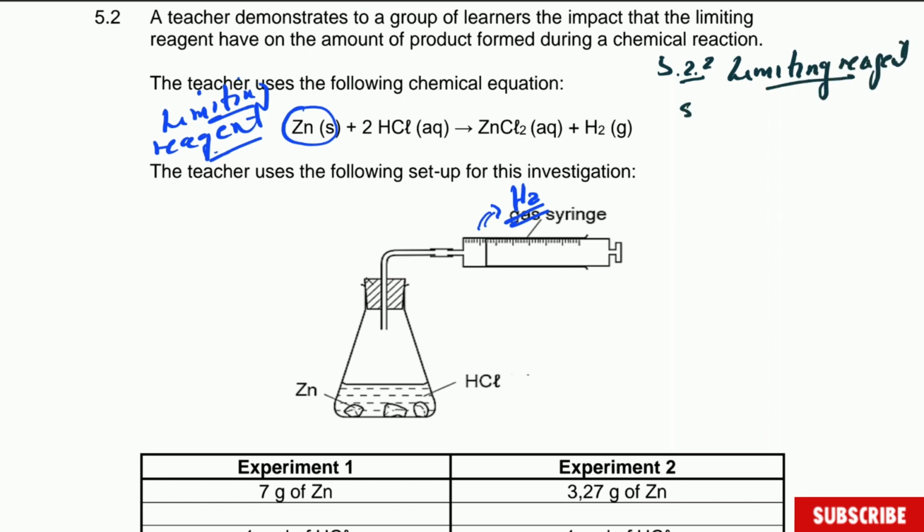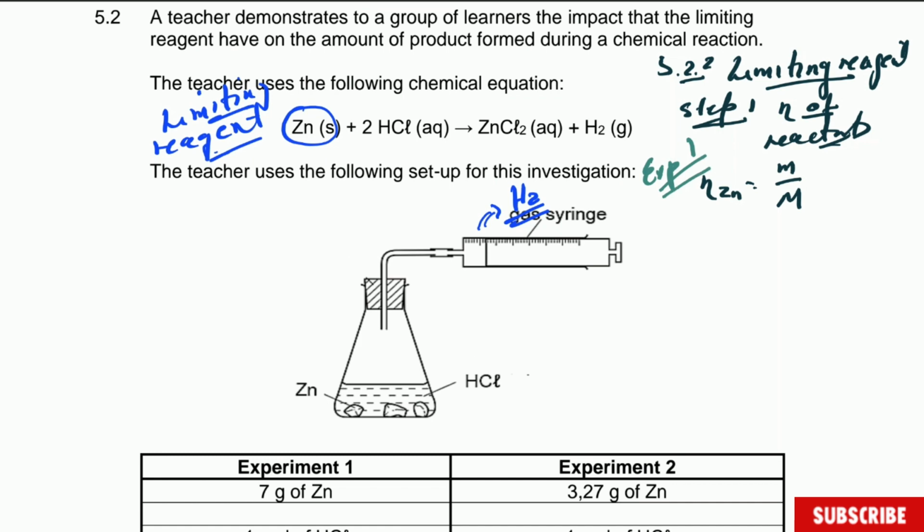So for limiting reagent, what we're going to do, step 1, is calculate the number of mole of the reactant. That is the first thing we are going to do here. So number of mole of zinc is equal to mass divided by molar mass. Let's use experiment 1.